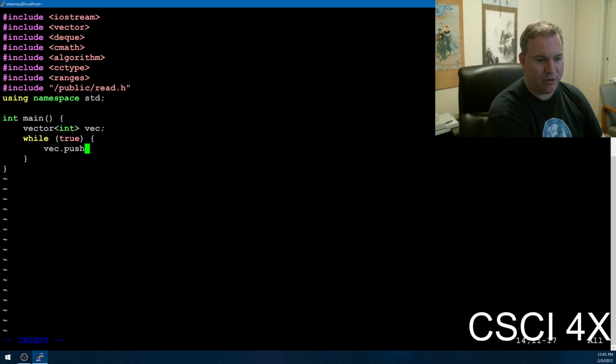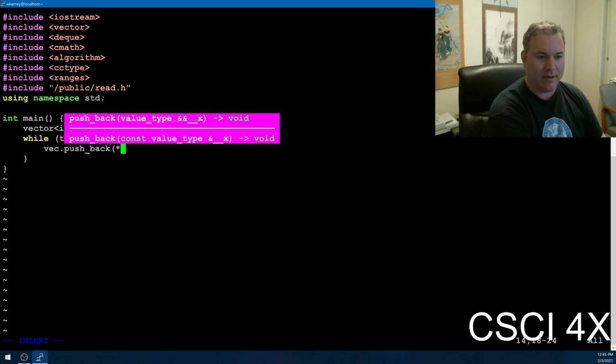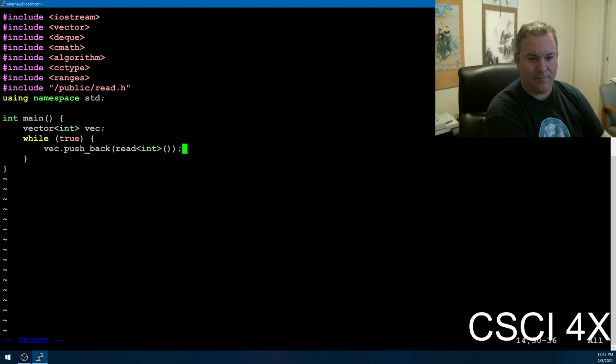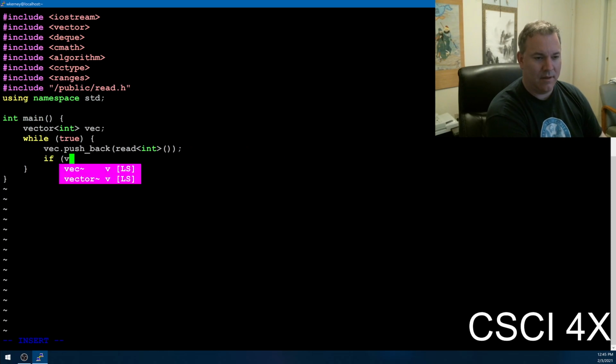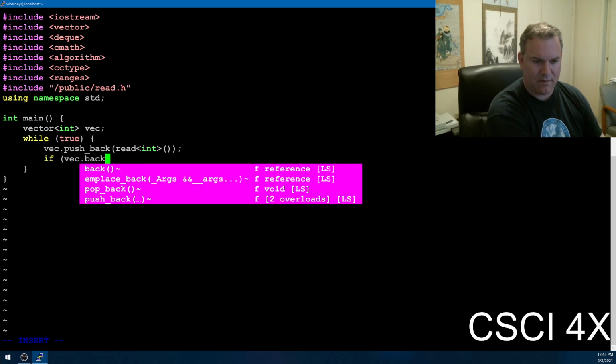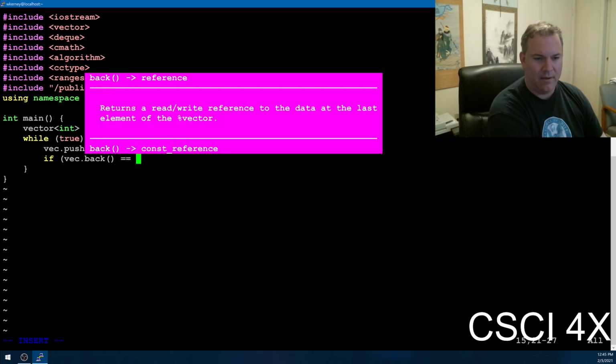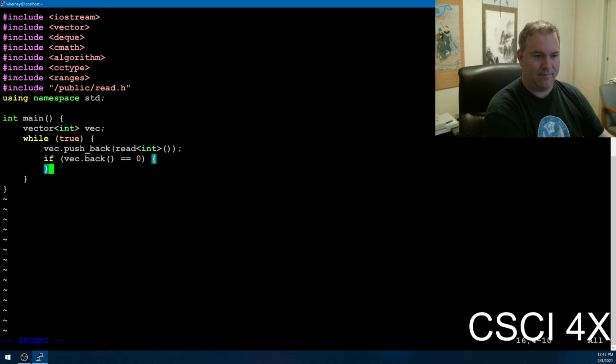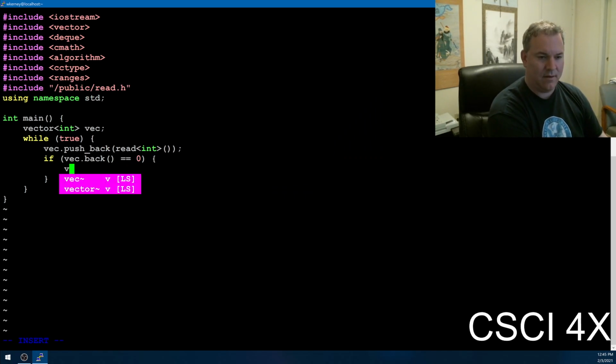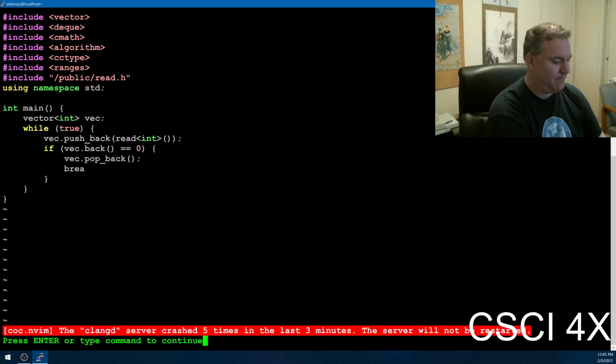Vec dot push back read. If vec dot back, let's see, is it back? Yeah, it is back. Equals 0. Then vec dot pop back, delete it, and break.